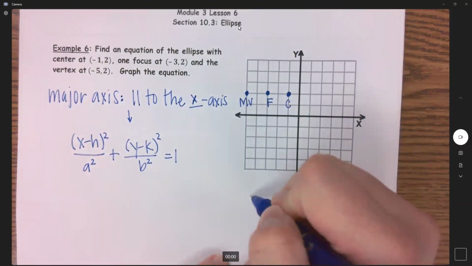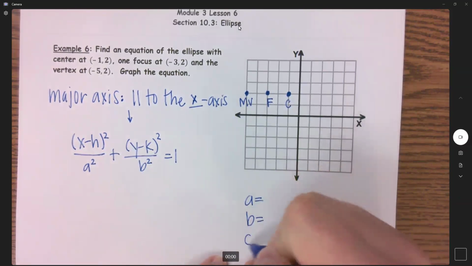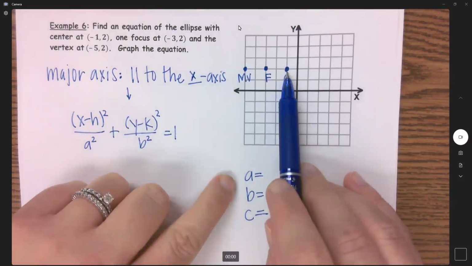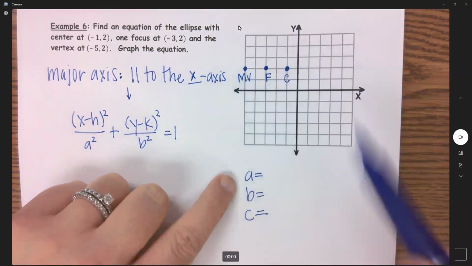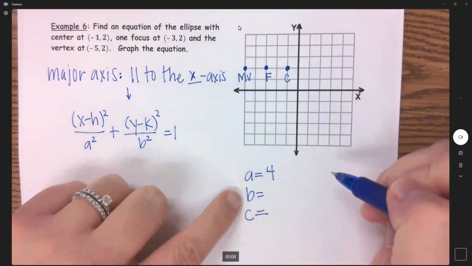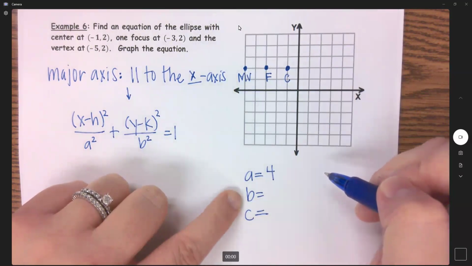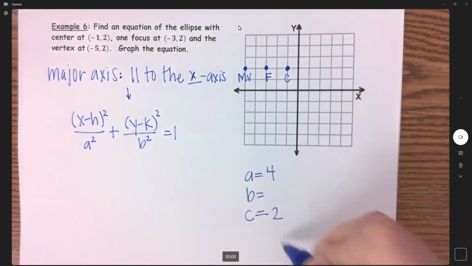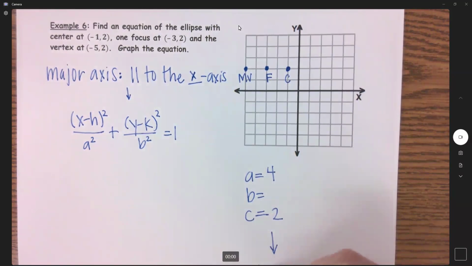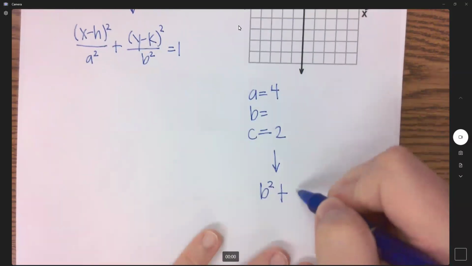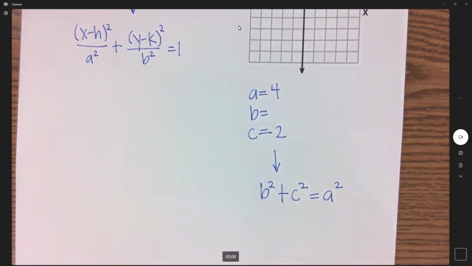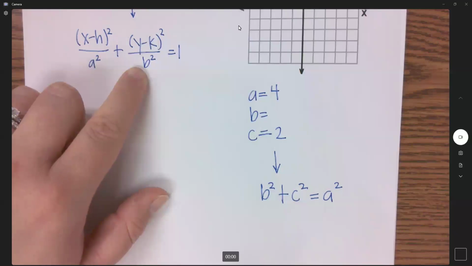Okay, so let's figure out which variables I have here. My a is the distance from my center to my major vertices, so that's 4. I don't know b because I don't have anything about my minor vertices, but c, that distance from center to focus, is 2. So let's use b squared plus c squared equals a squared to find my b, or really just my b squared.